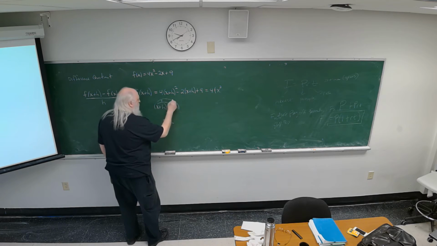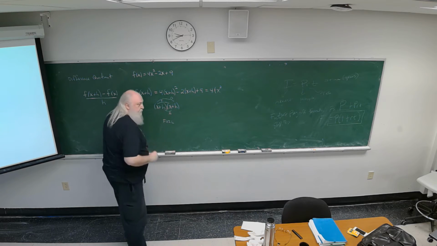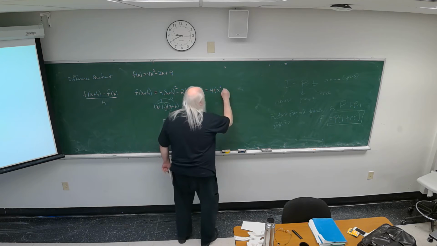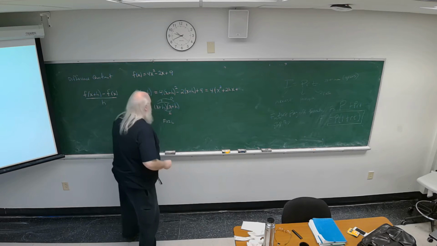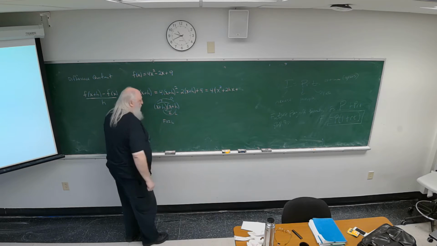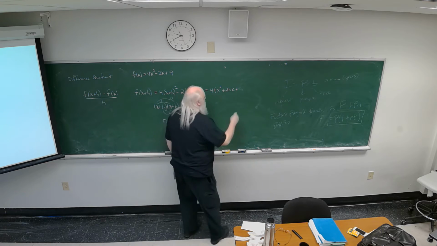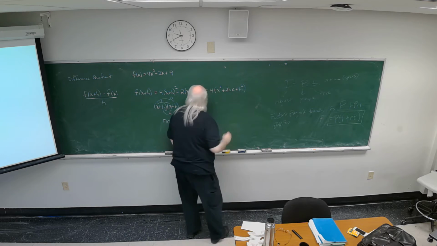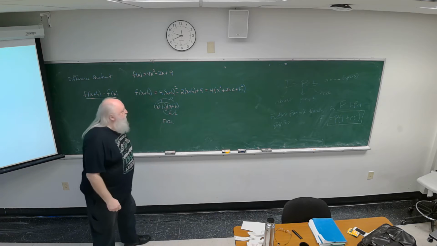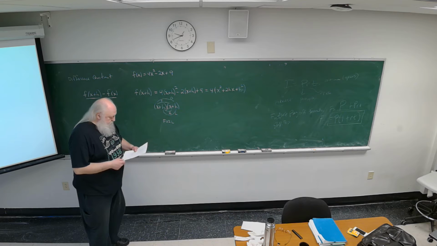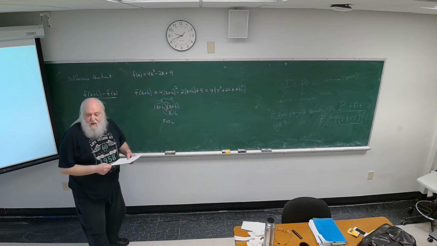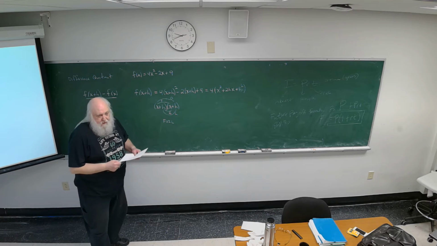When we do outer, we have h times x. When we do inner, we have h times x. hx plus hx is 2hx. And then when we do last, we have h times h, which is h squared. So x plus h squared FOILs to x squared plus 2hx plus h squared. For those of you who got to take Calc 1, this is extremely important you understand this. Okay.